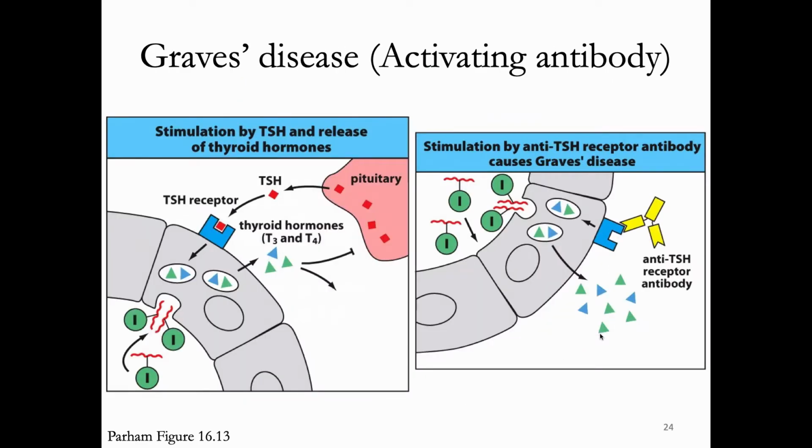One of the most famous antibody-mediated autoimmune diseases is Graves' disease. Graves' disease is a metabolic disorder that involves the thyroid and hormones made by the thyroid. On the right, you can see the normally acting thyroid, or at least as much of it as we need to know about right now.